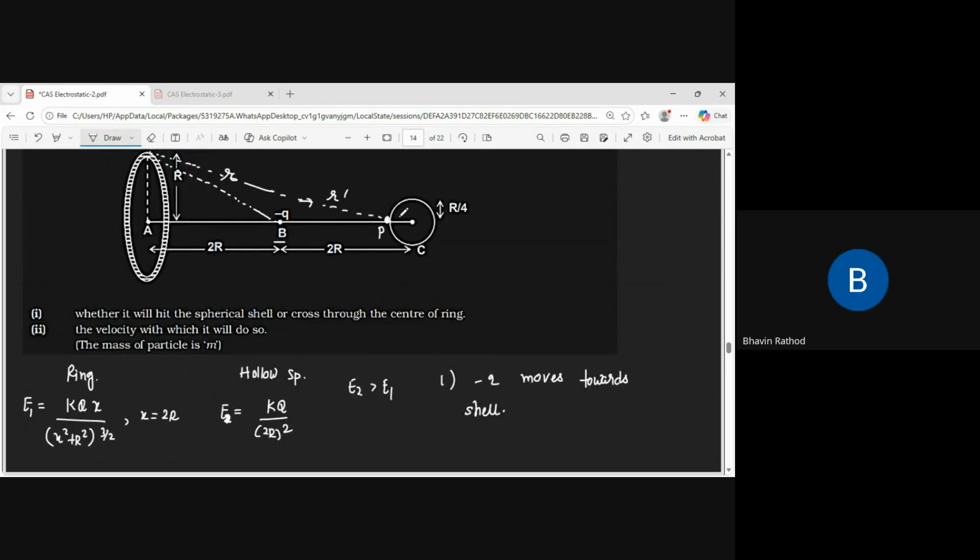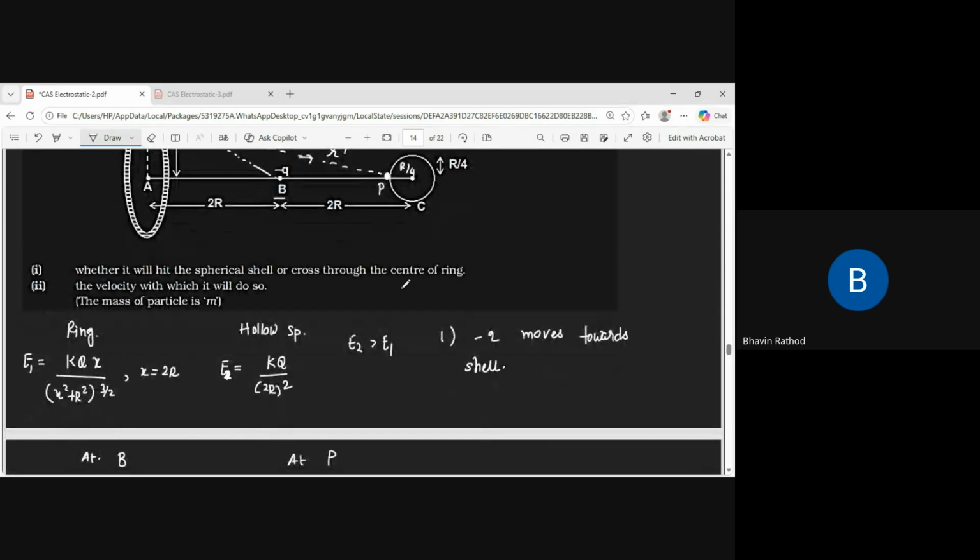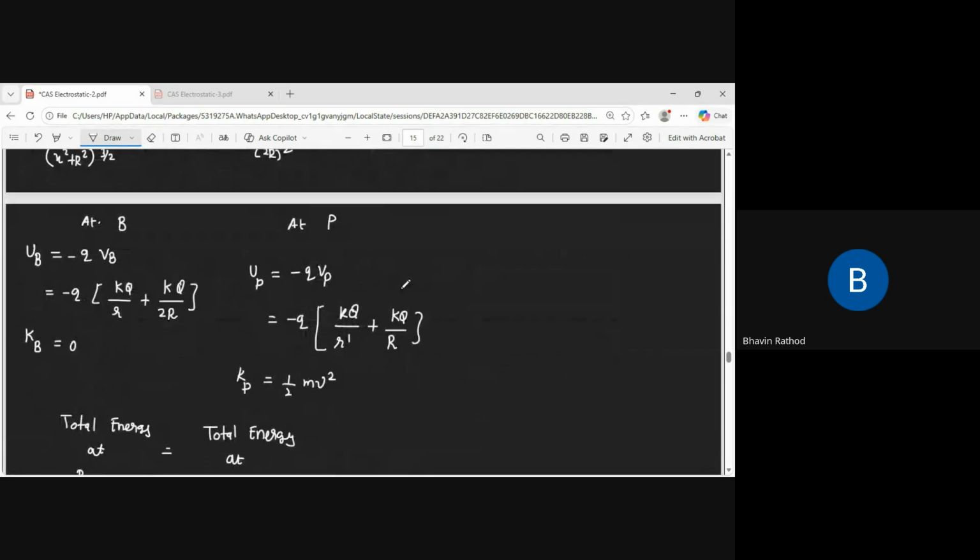Oh, I forgot. The radius is r by 4 here, right? True. So we have to use that at both the places then. Here also. Oh, sorry, no, this is fine only. We are outside, so this is fine only. But here, yes, it will be r by 4. Yes, that's a good observation.